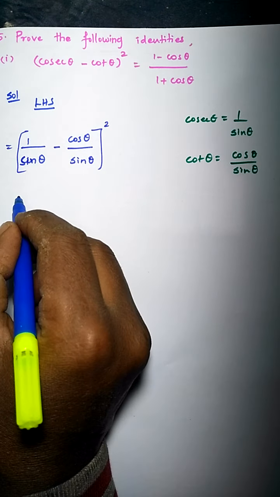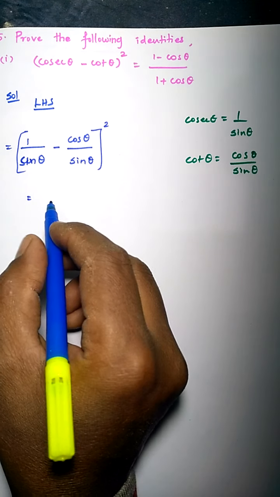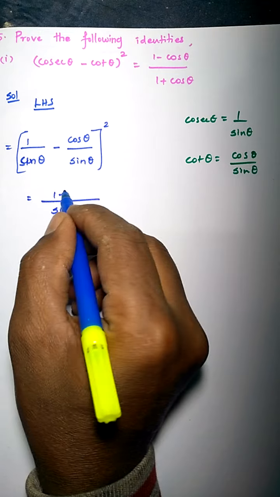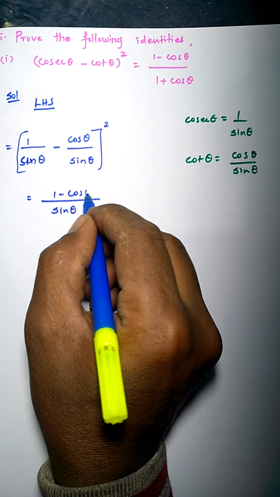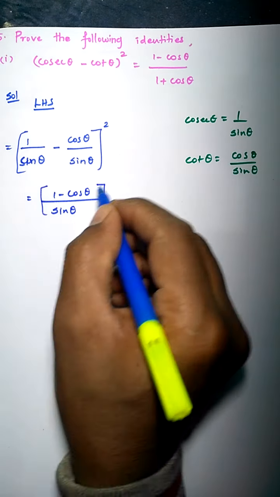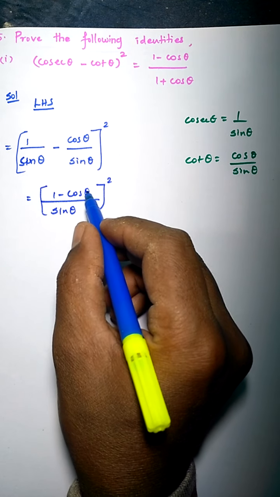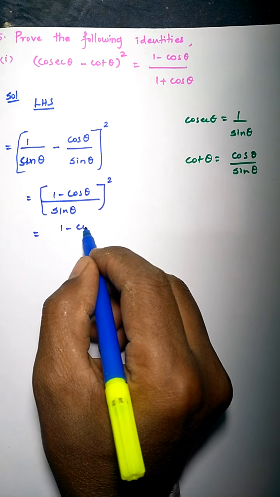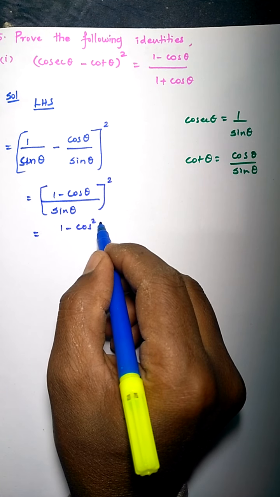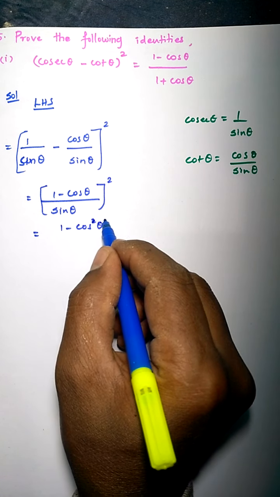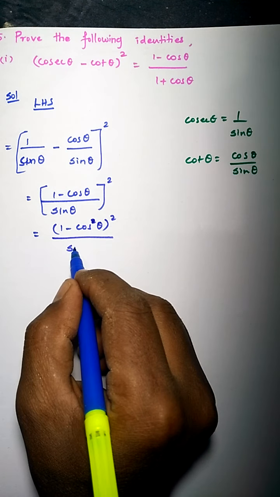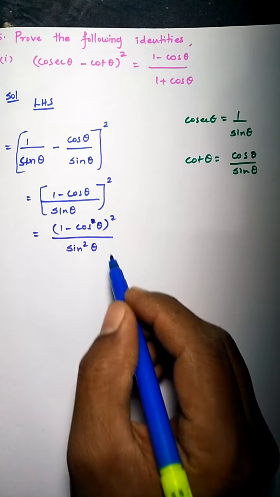Now the common denominator is sin theta, and the numerator is (1 minus cos theta) whole square. Now split the square for numerator and denominator, and you will get (1 minus cos theta) whole square by sin square theta.